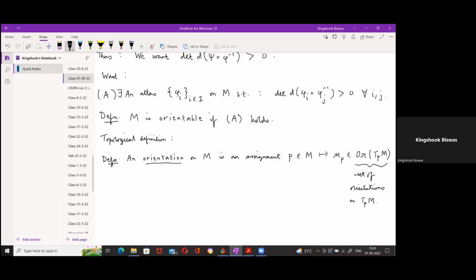Okay. So what is an orientation on a manifold M? That means we have to choose for each point P an orientation on the tangent space, all right? But now be careful. We want this choice to be continuous in the following sense.